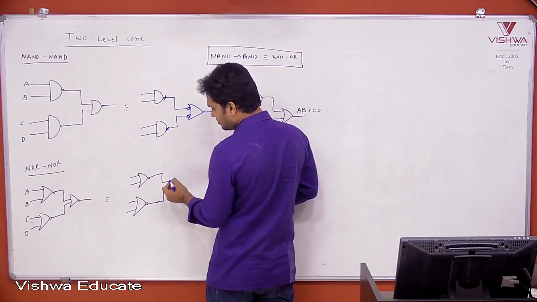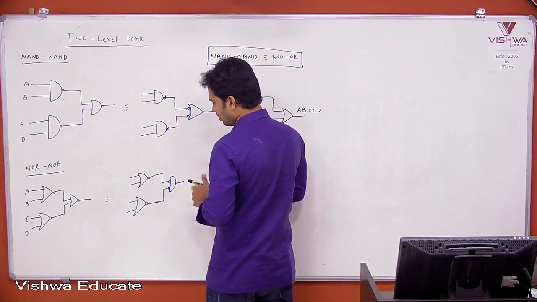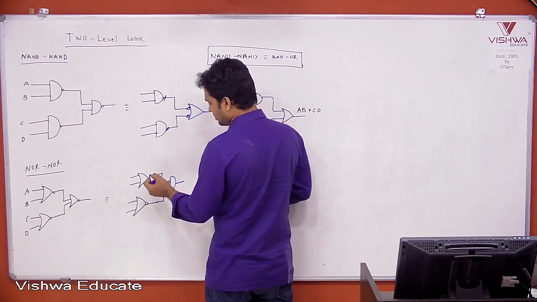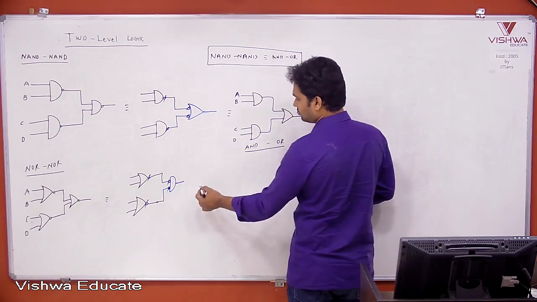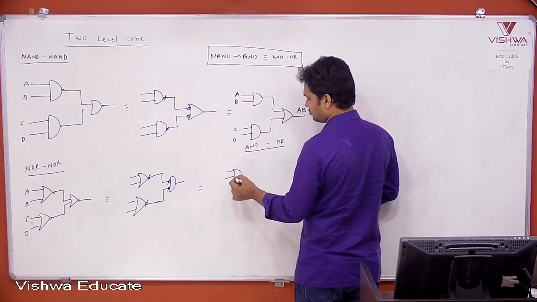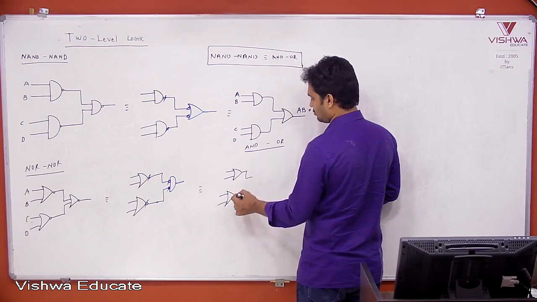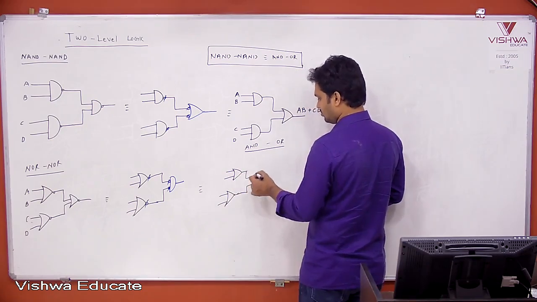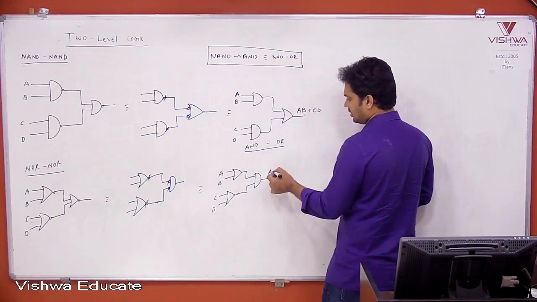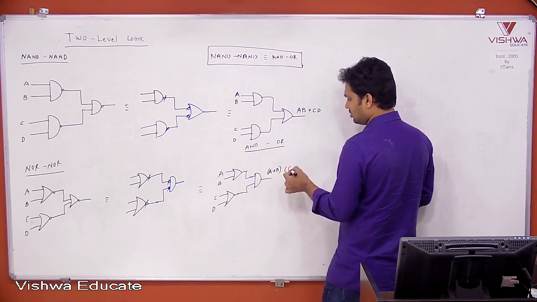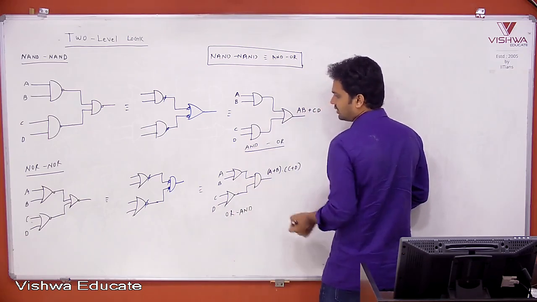What is the alternate logic symbol? Bubbled input AND gate. Now, these bubbles will cancel each other. So if you give A, B, C, D, what is the answer? A plus B into C plus D. It is nothing but OR followed by AND.